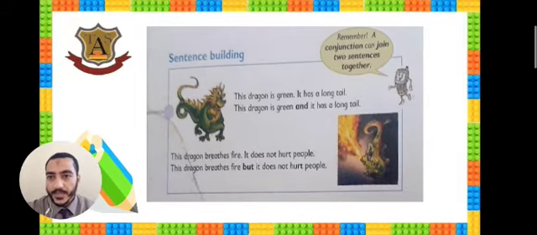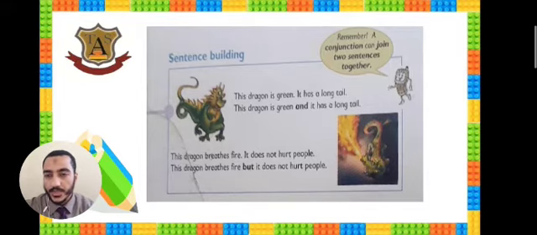This dragon is green. It has a long tail. These are two pieces of information. So we have to join these two sentences with "and". Why? Because we add information for the first sentence.